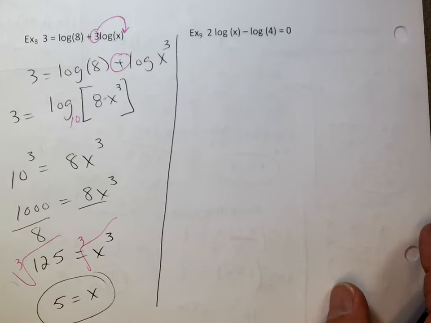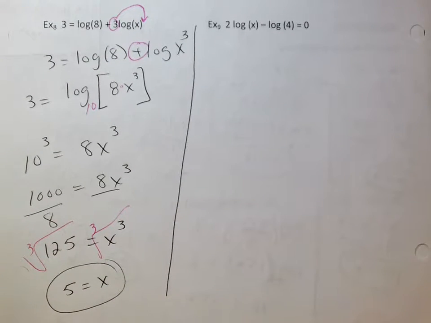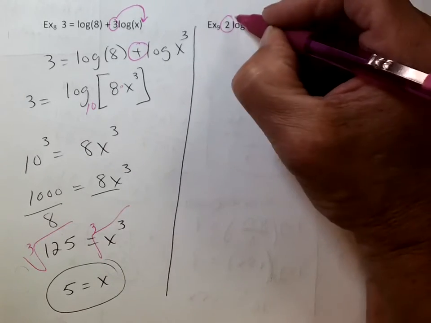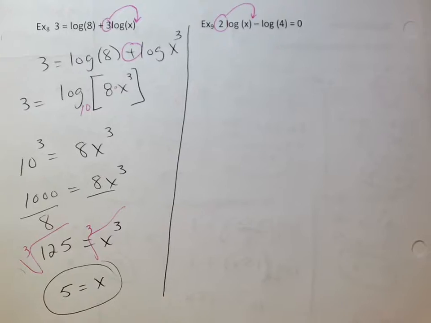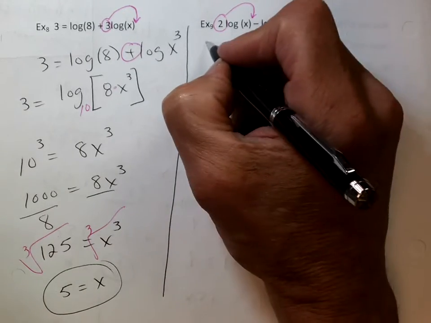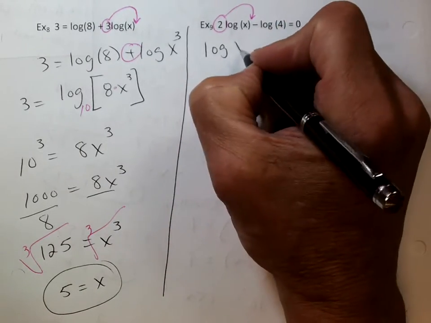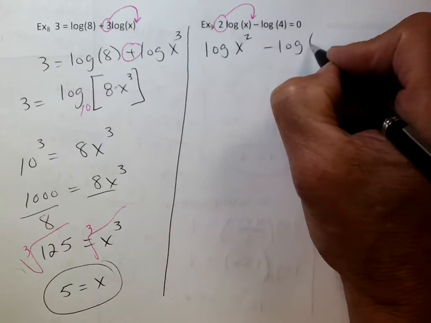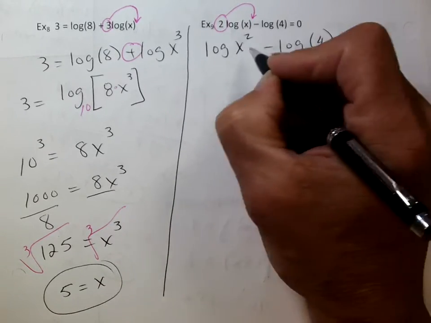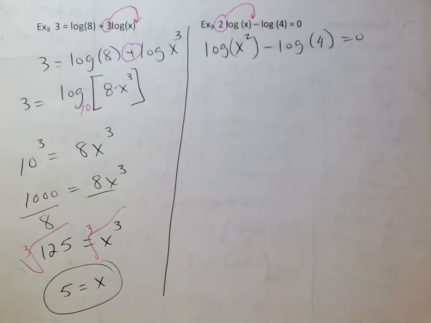Okay, example 9. If we're going to solve for x, let's bring this exponent back in. So let's rewrite this as log of x squared minus log of 4 equals 0.